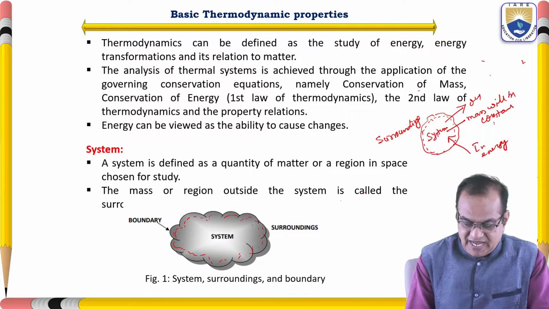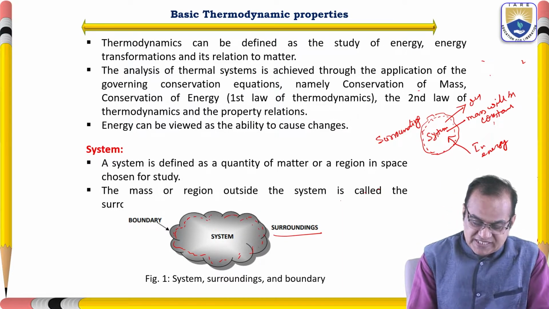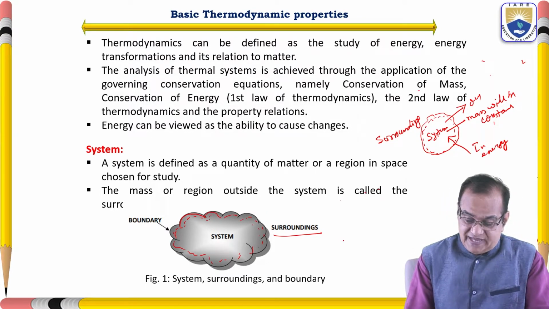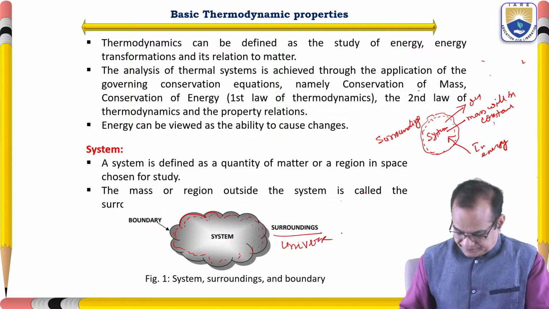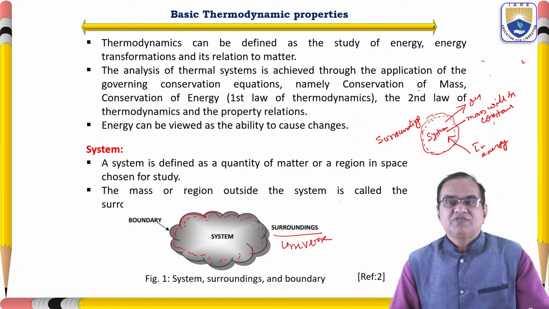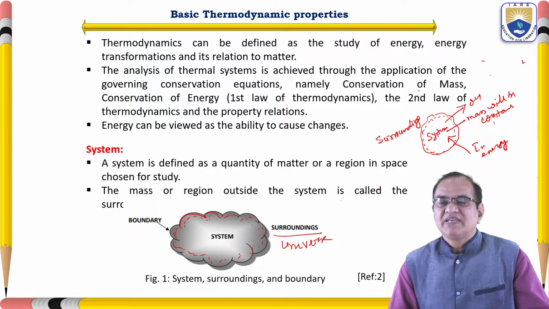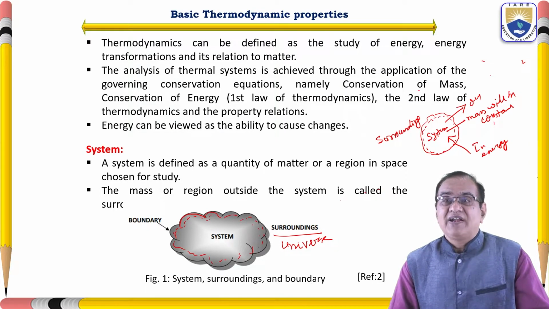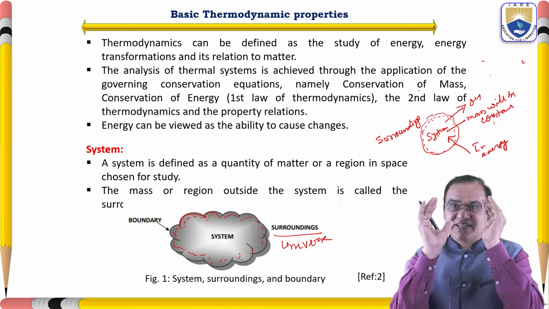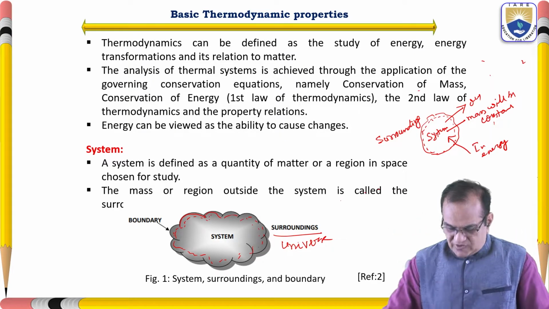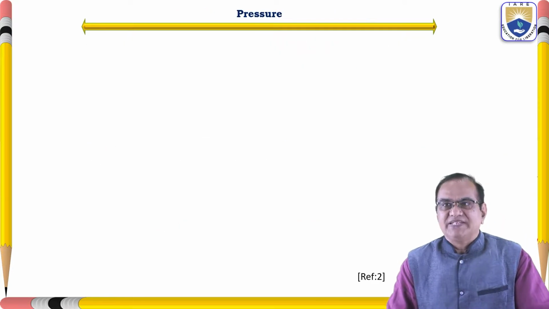This dotted line is a system, outside this dotted line is the surrounding, and all these boundaries are the system boundaries. The summation of the system and the surrounding is called the universe. In this way we can define the system, and understanding the system is very, very important, because if you want to do the analysis, we take a certain region. In that only our thermodynamics laws are applied.